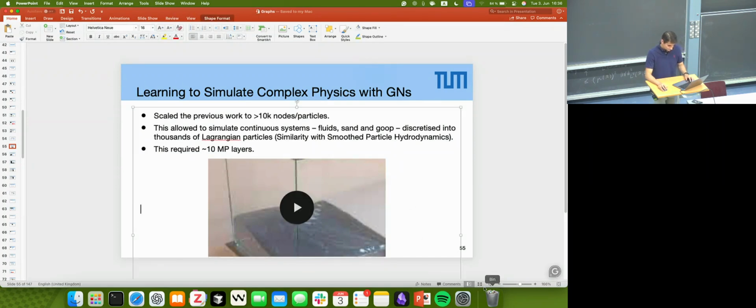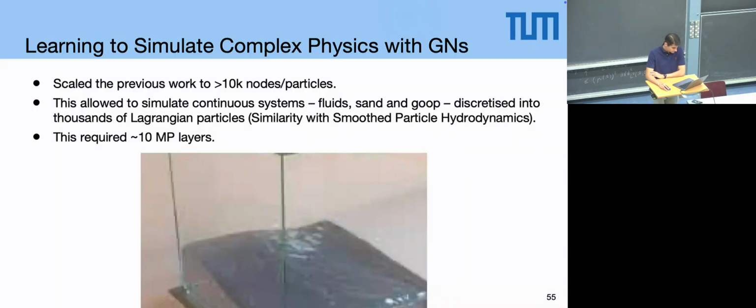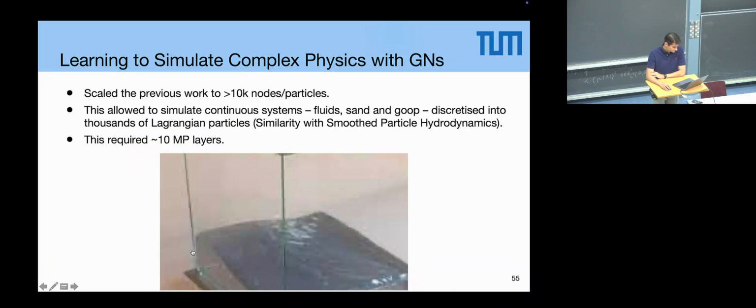Strange. Yeah, okay, we cannot see it, but they had different kinds of materials, like fluids and goop, and they had to use a much larger model. So before their graph neural network had only one message passing layer, now we have 10 message passing layers.